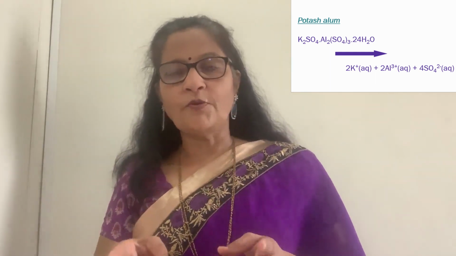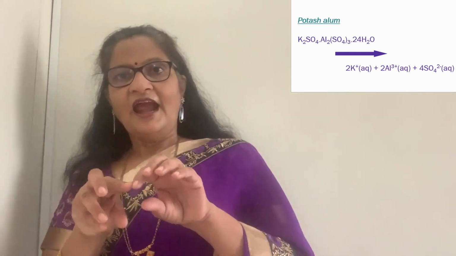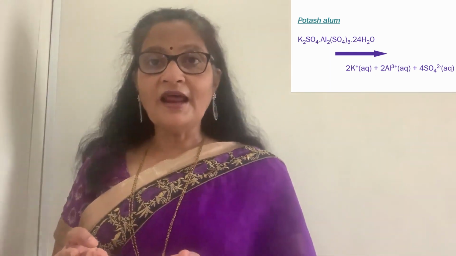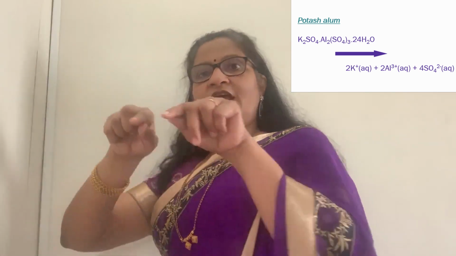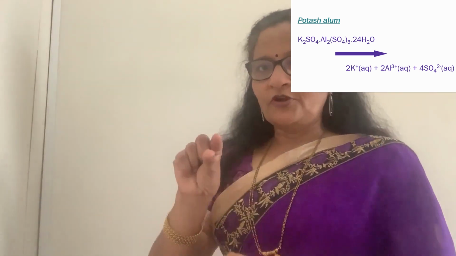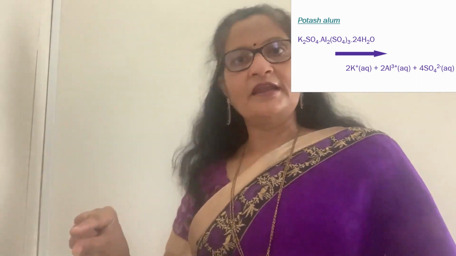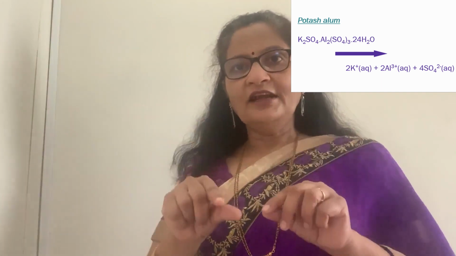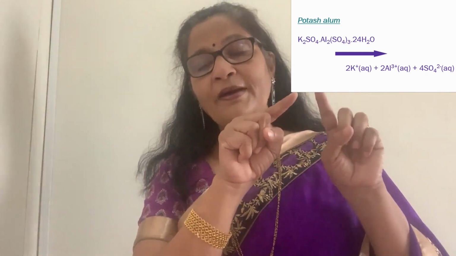When the equimolar mixture of potassium sulfate and aluminium sulfate combine with each other, potash alum is formed, and when it is added in water, it gives potassium ion, sulfate ion and aluminium ion, in the same way as its parent compounds.